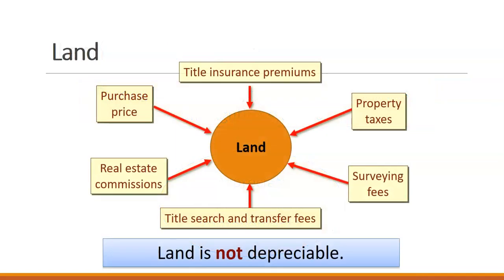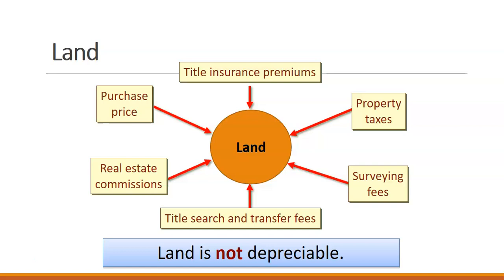However, land itself is not depreciated. What is included in the acquisition cost of land includes its current purchase price, any real estate commissions that we have to pay, titling fees, surveying fees, property taxes, and any insurance premiums.